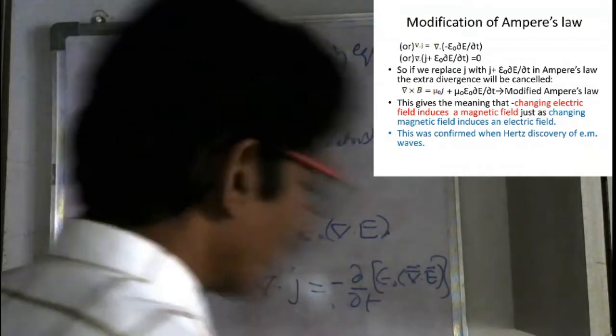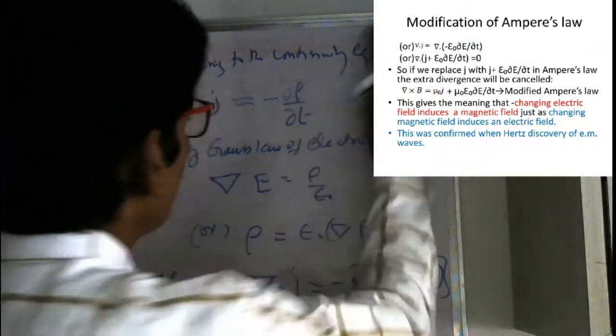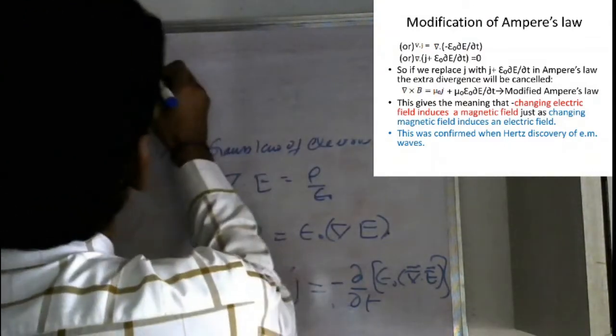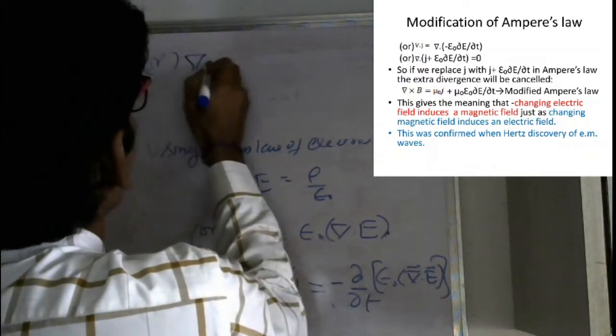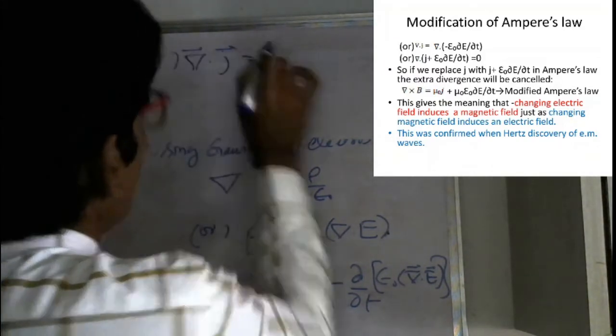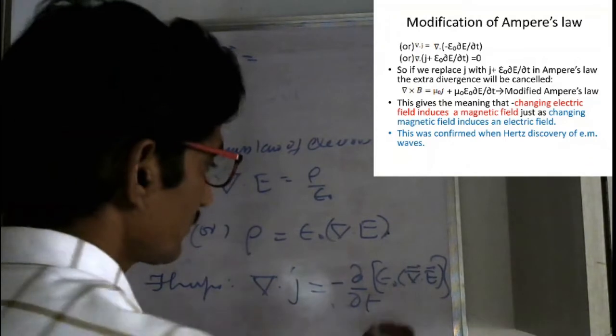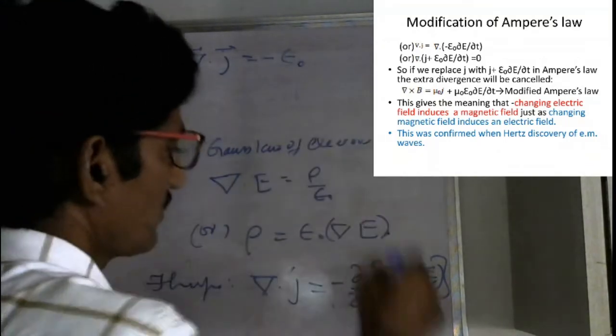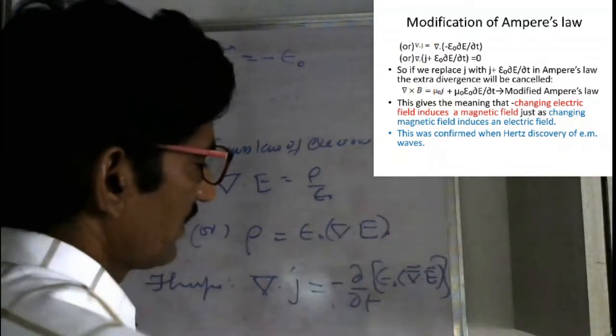Or you may write this as del dot J is equal to minus epsilon naught outside.